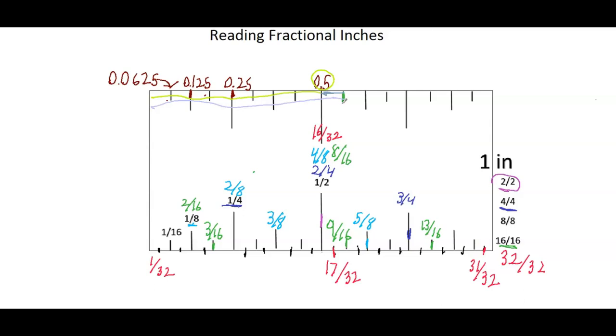And this little blue length right here, well, that's 0.0625. It's the same as this distance. So I basically just add up those numbers. And so I get 0.5 plus 0.0625 would give me what? 0.5625.